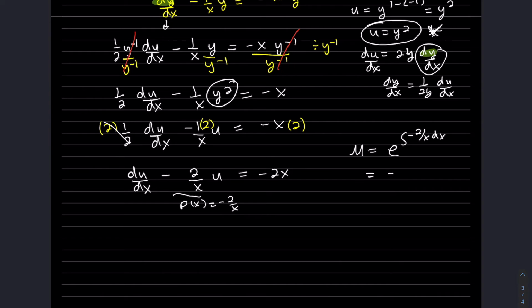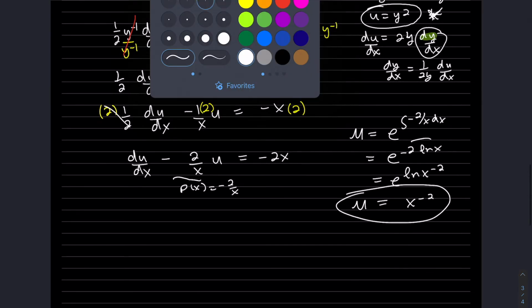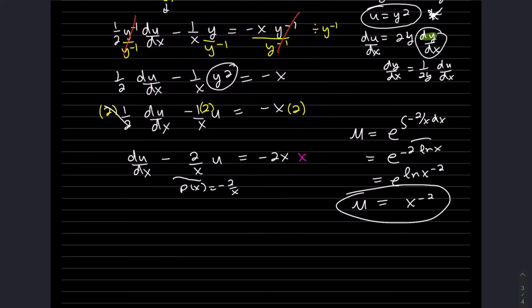That minus 2 comes out. Natural log of x. You have to use the power rule first before those cancel. And this becomes x to the minus 2. So we are going to multiply through by x to the minus 2. Rewrite this left side as a product times u.